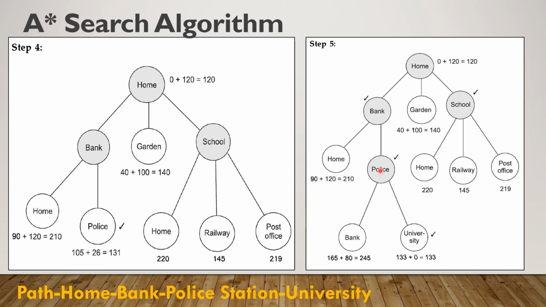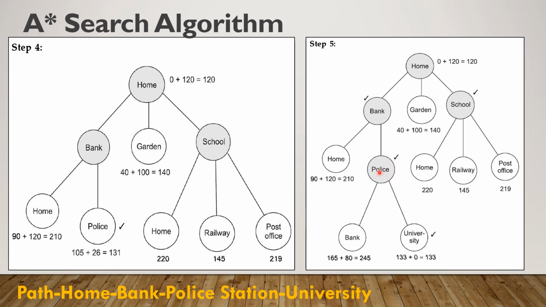Now we have considered all the locations. We reached the goal node, and with the least cost. So the optimal path for this problem using the A star search algorithm is home to bank, bank to police station, and police station to university.